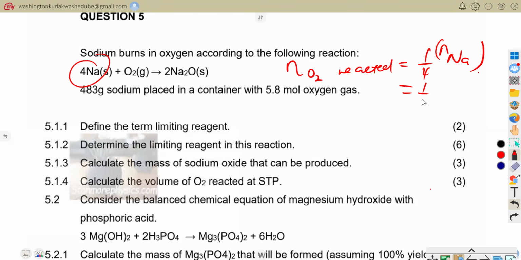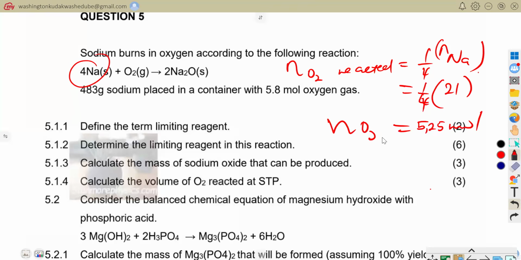So it was going to be equal to 1 over 4 of 21. 1 over 4 of 21 becomes equal to 5.25 moles.